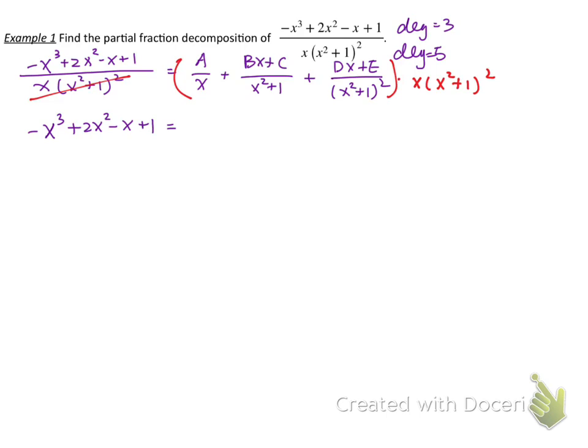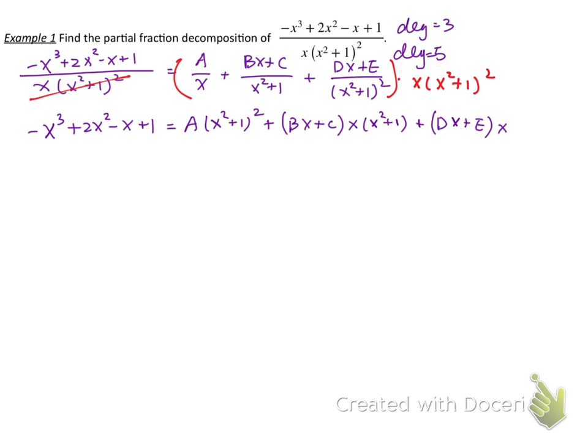The first fraction becomes a times x squared plus 1 squared, since x gets cancelled. For the second fraction I'm cancelling one x squared plus 1, so I'm having the x and the other x squared plus 1. And finally my dx plus e, I'm cancelling the square of x squared plus 1, so I'm having an x left.